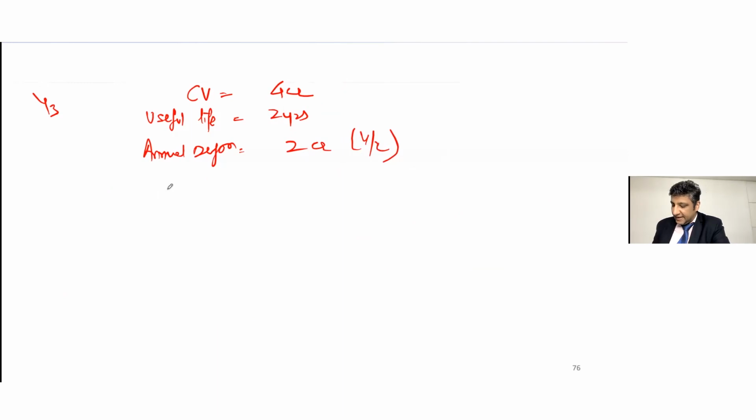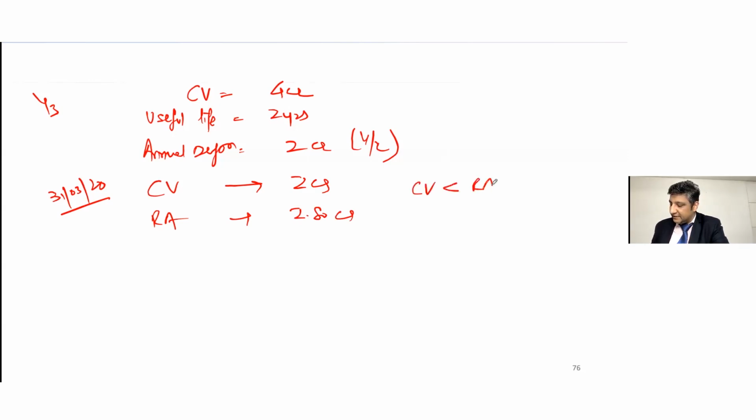That means that the carrying value on 31st of March 20 is the balance 2 crores. Against this, I'm provided with the recoverable amount of 2.8 crores, right? Now, the carrying value is less than the recoverable amount. Can I reverse the impairment loss? Well, I can do that, provided my impairment loss is at least 80 lakh rupees. So the difference between the two is, of course, 80 lakh rupees.